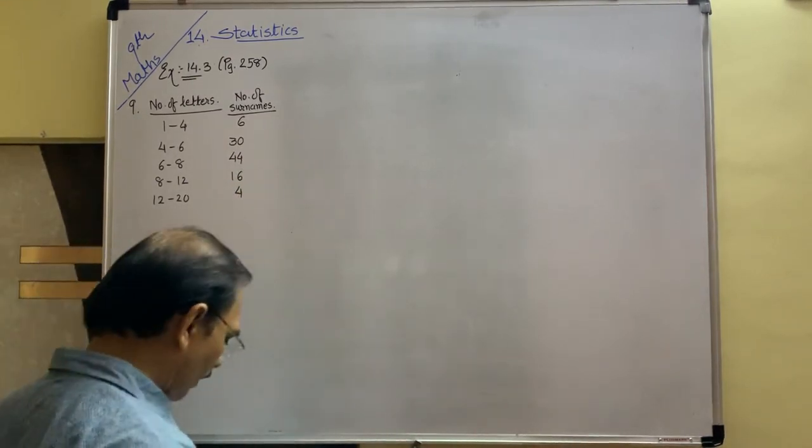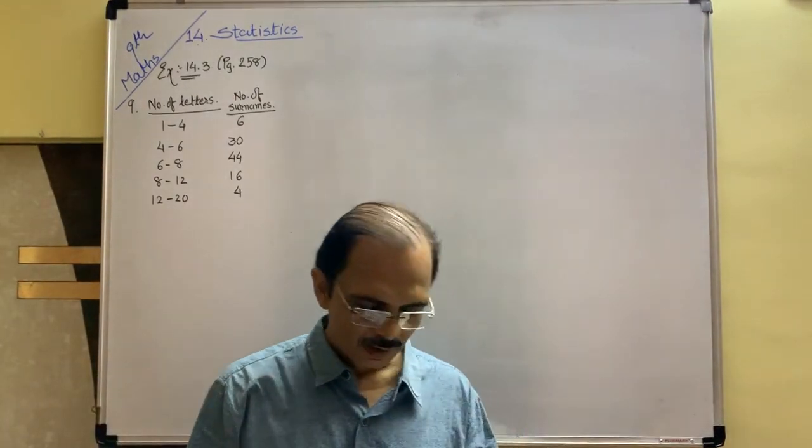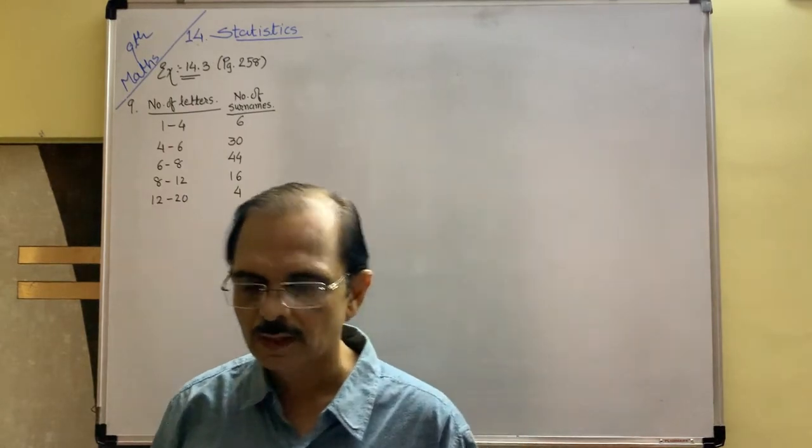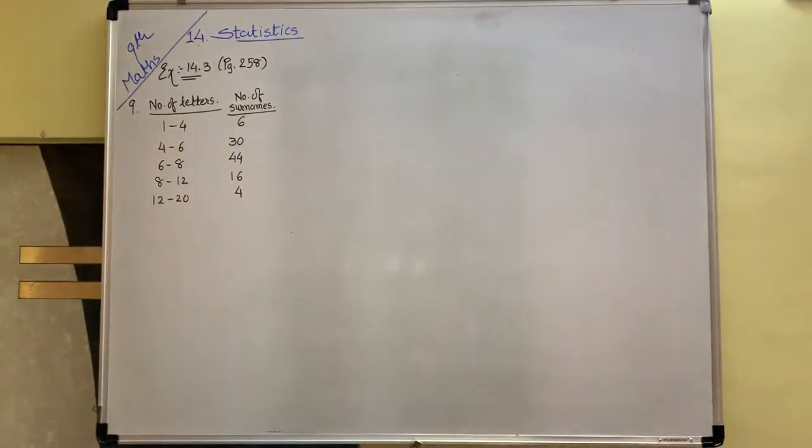Draw the histogram to depict the given information. And the second question is, write the class interval in which the maximum number of surnames lie. Okay.